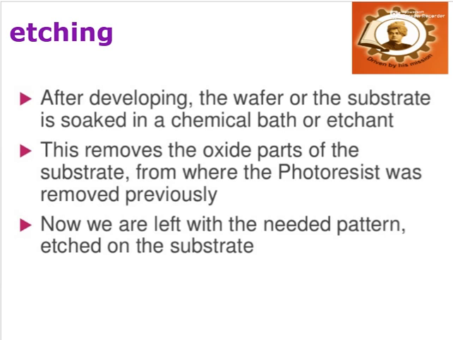So after developing, we go for the etching process. The wafer or substrate is soaked in a chemical bath or etchant. This is required for the removal of the excess oxide layer from the substrate, and we are left with the needed pattern etched on the substrate.